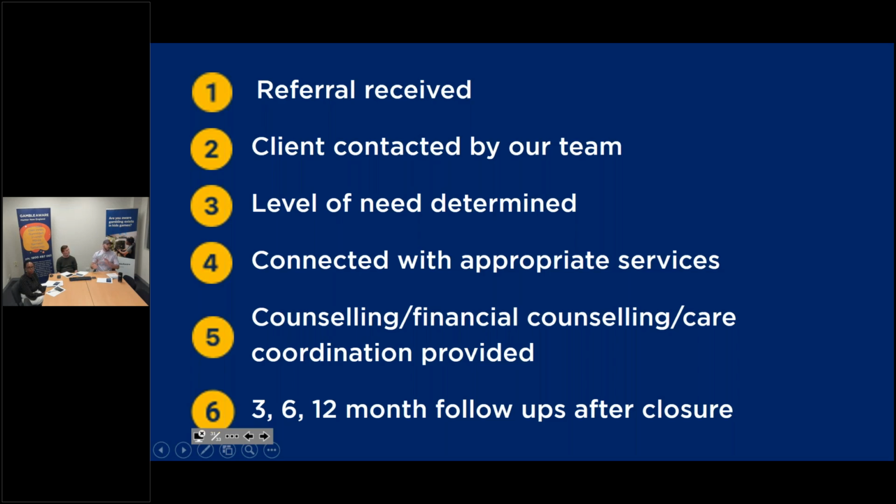And we use a step care model, so a level of need will be determined, level 1 through to 5, and based on where they fall within that level, we'll then offer them services to help them meet that need.